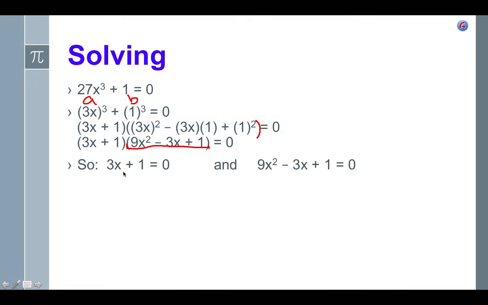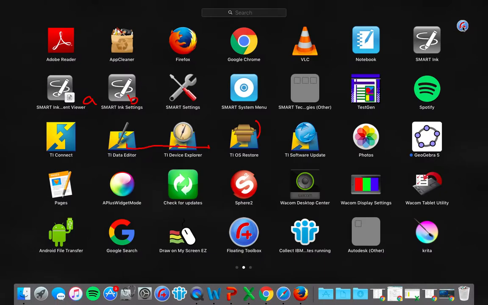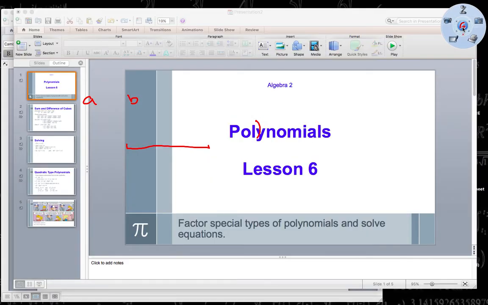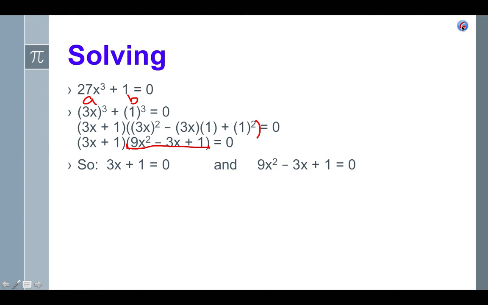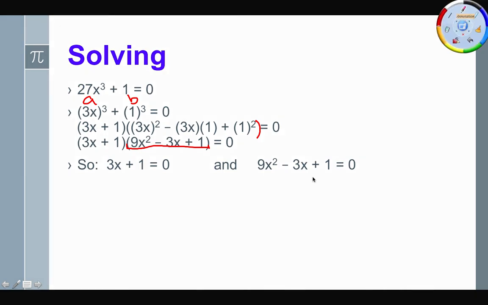So we could say that 3x plus 1 equals 0, and we could say 9x squared minus 3x plus 1 is equal to 0. So the first one is very easy. We're going to subtract 1, and we're going to get 3x is equal to negative 1, and we're going to divide by 3.